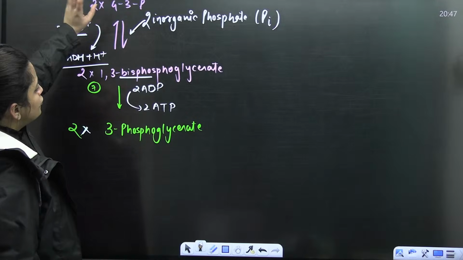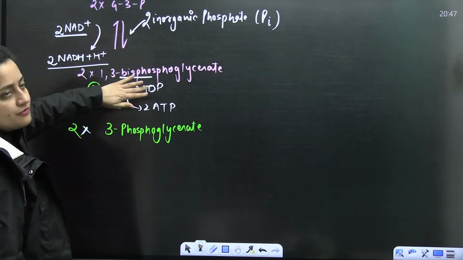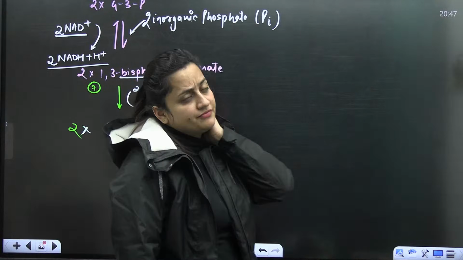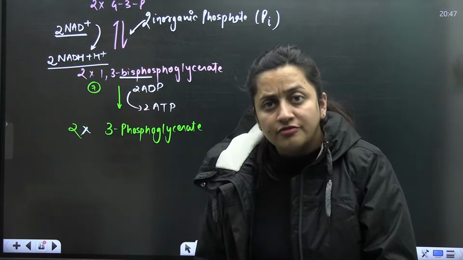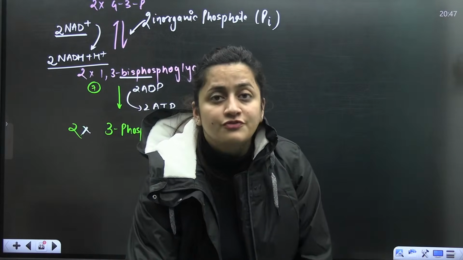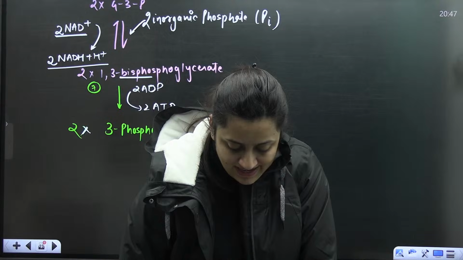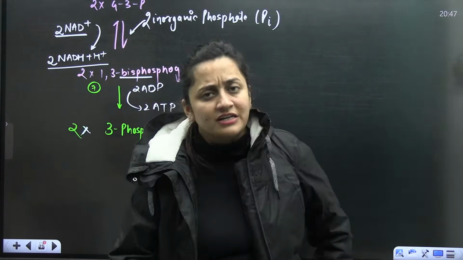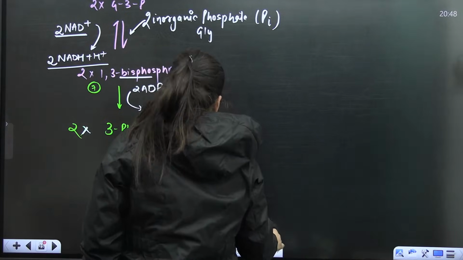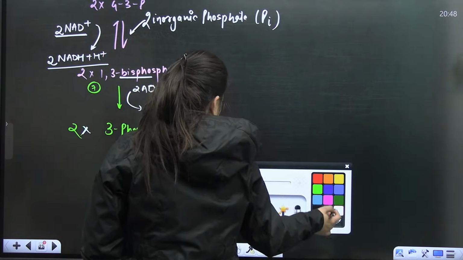So G3P is giving us 1,3-bis-phosphoglycerate. Which enzyme is there? The phosphoglycerate dehydrogenase enzyme, or you can simply say glyceraldehyde 3-phosphate dehydrogenase. That's the enzyme which we are using here.